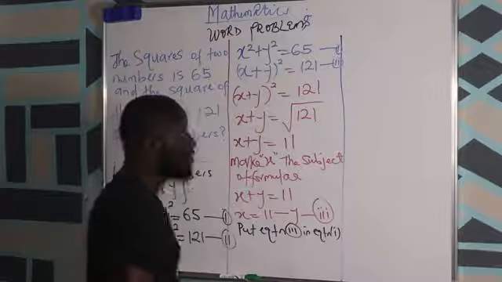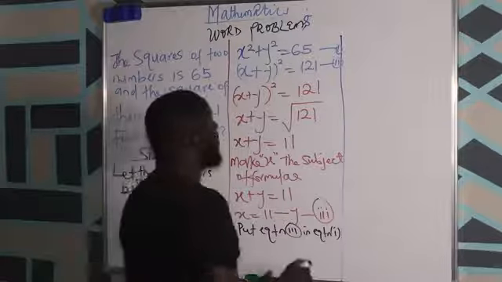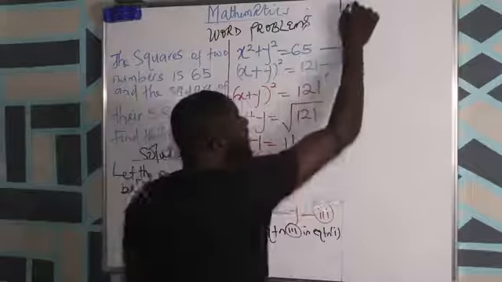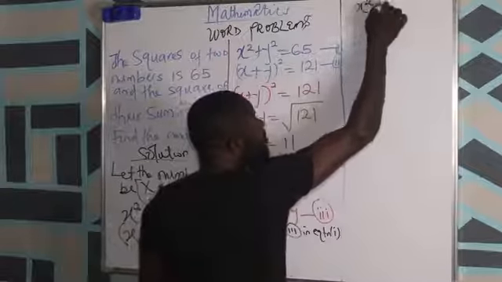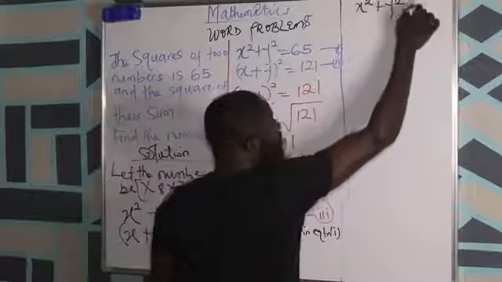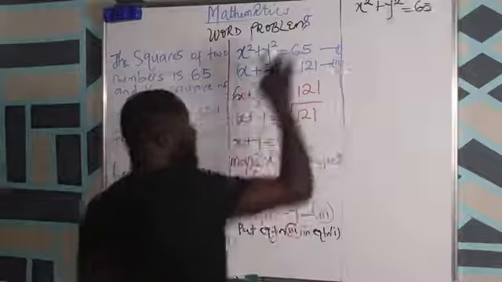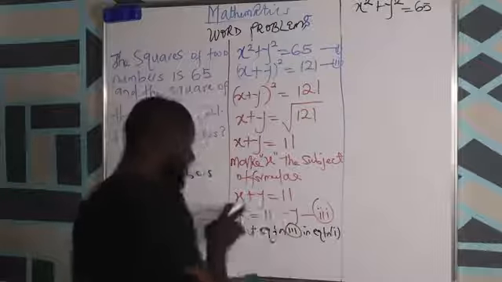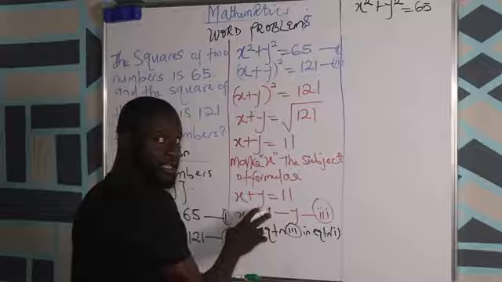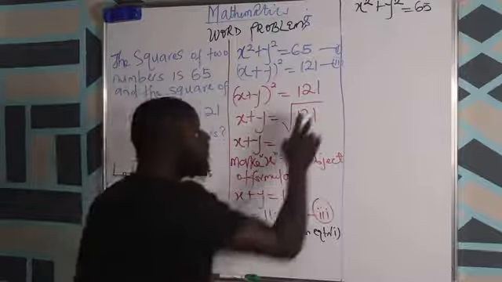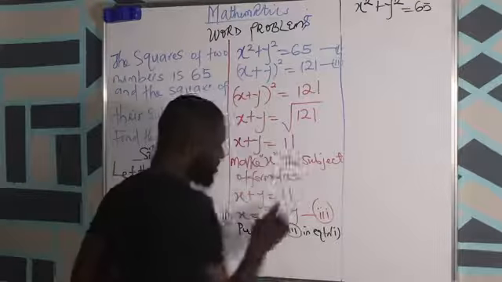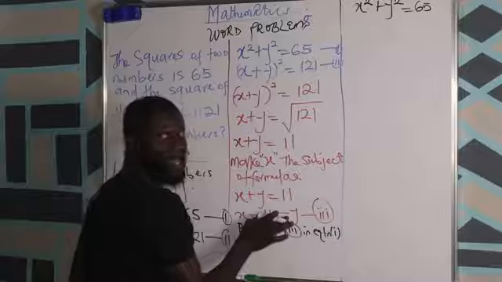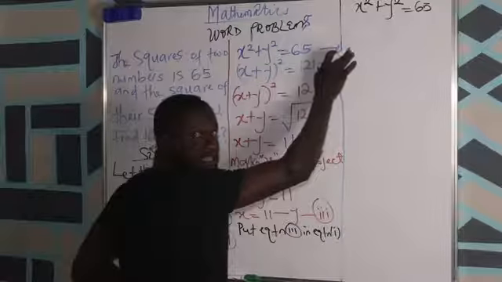So let's continue here. I have x squared plus y squared is equal to 65. What is x? x is 11 minus y. So whenever I see x, I'm fixing 11 minus y in this equation.